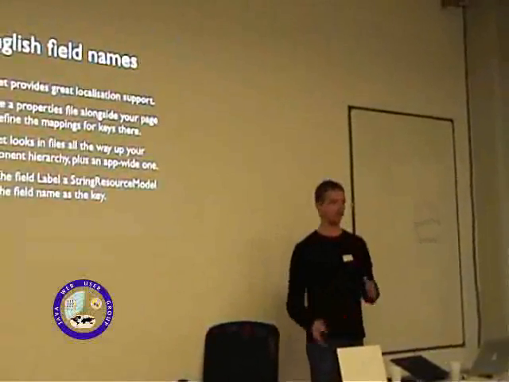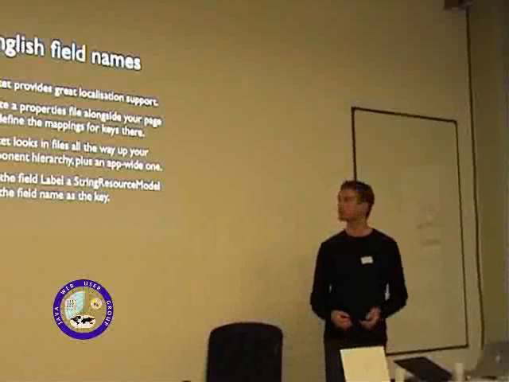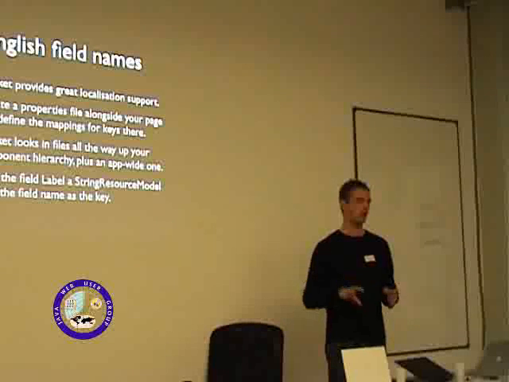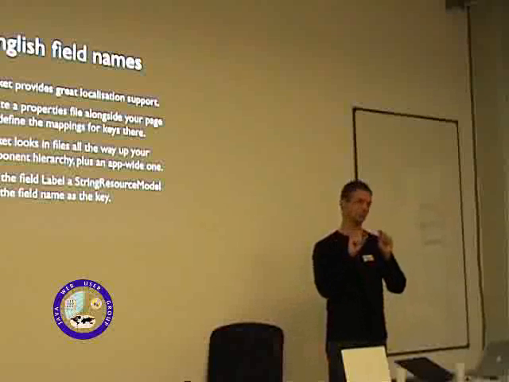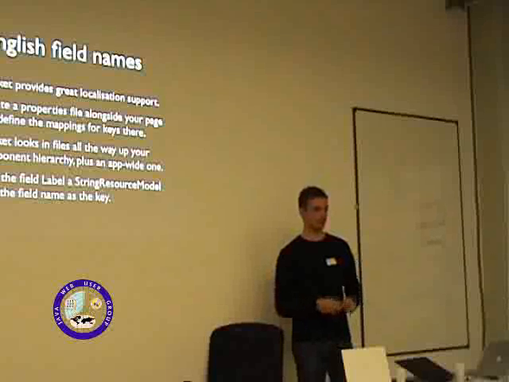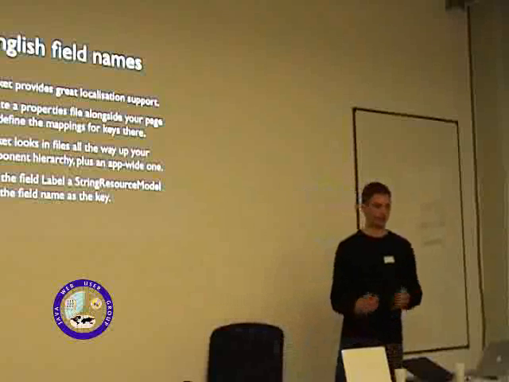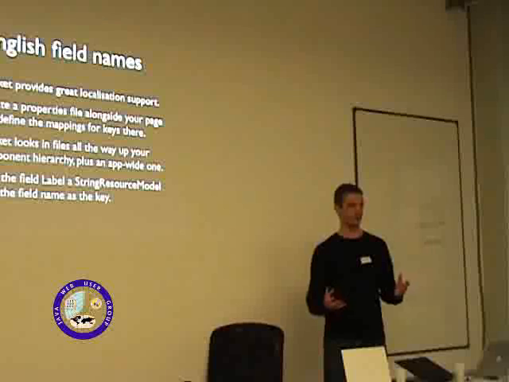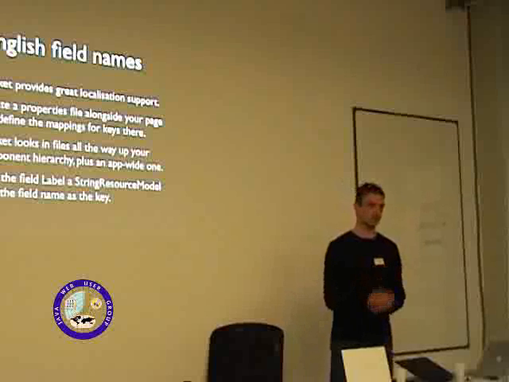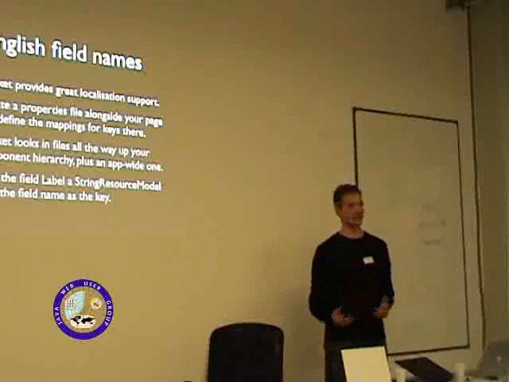You can also define entire different HTML files for different locales, or there's a special tag you can use in your HTML which spits out locale messages for you. And you can also use string formatters and number formatters, so if you want to specify some kind of number, obviously the order of things changes depending on which language you're in.